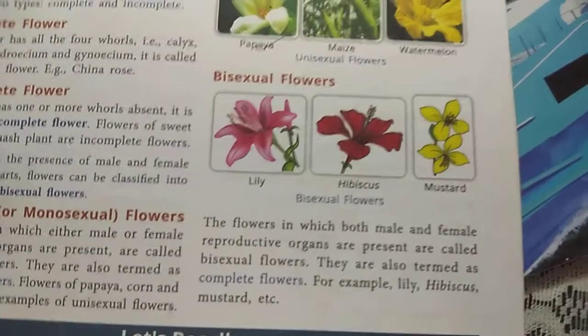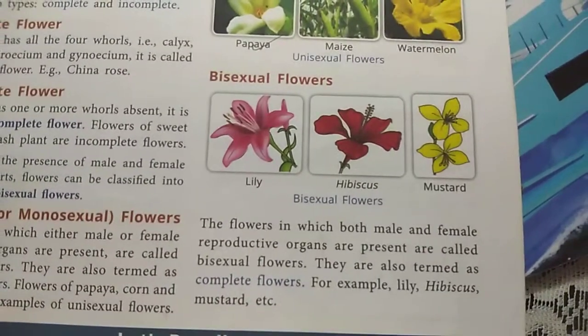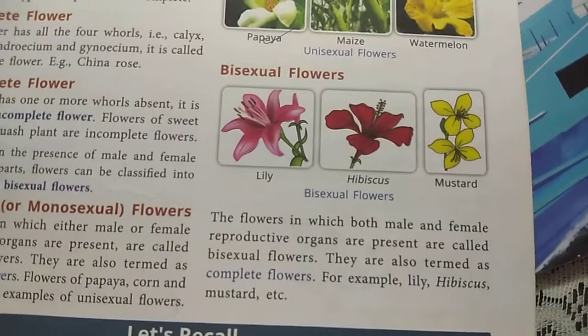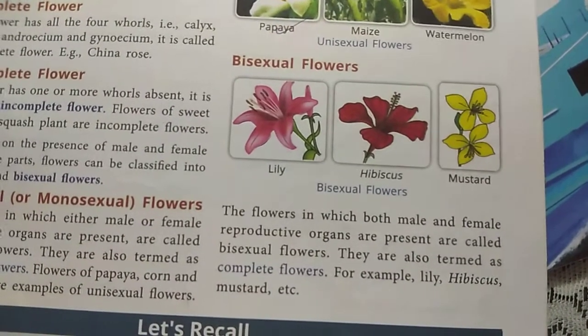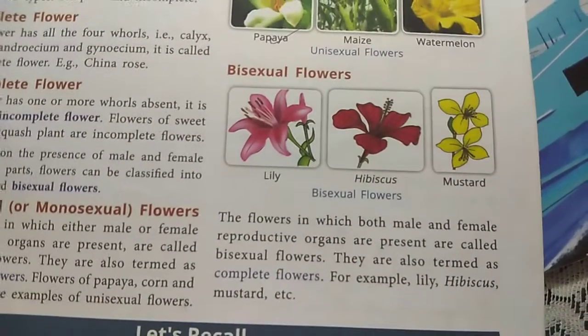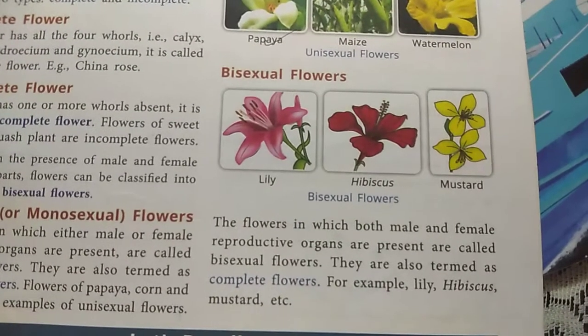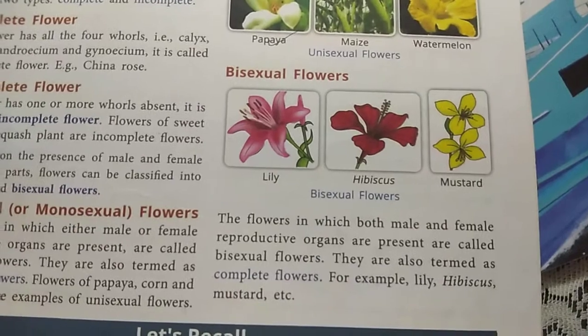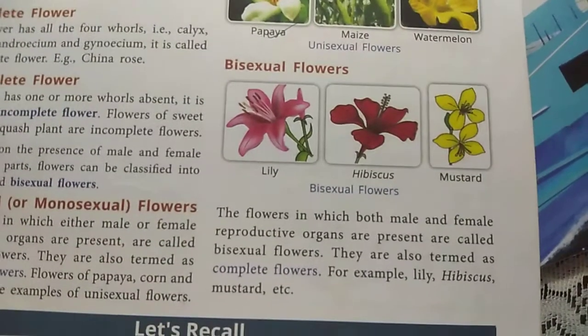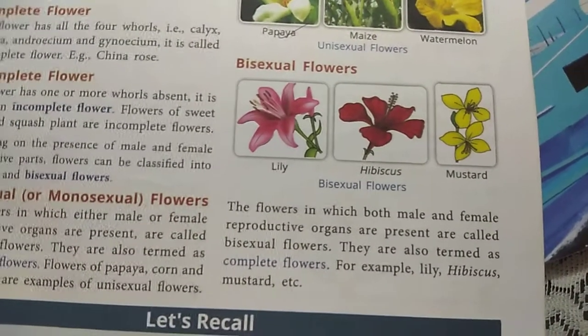Bi means two. So if both sexual reproductive parts are there, then it will be known as a bisexual flower. They are also known as complete flowers because all the four whorls will be there.